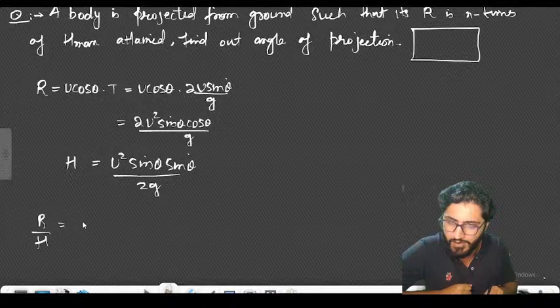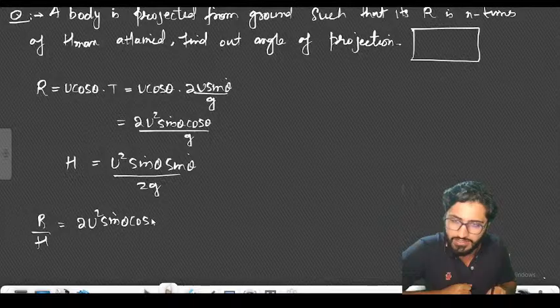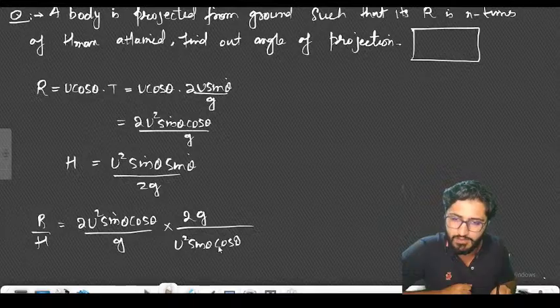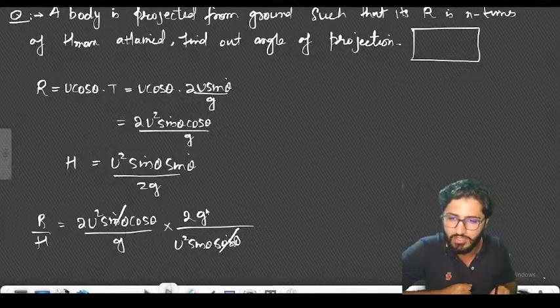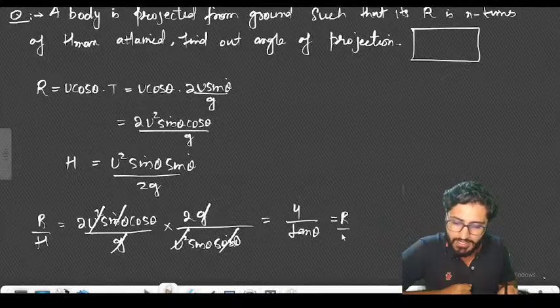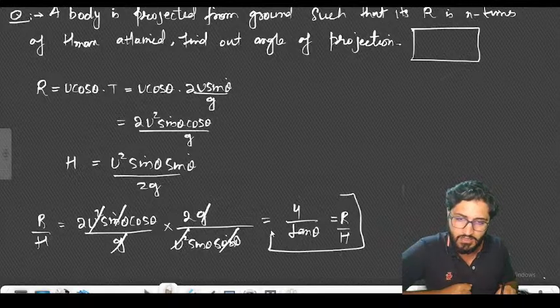R by h is 2u square sin theta cos theta divided by g, multiplied with 2g, whole divided by u square sin square theta. Look, sin theta cancels out, g cancels out, u square cancels out. So I have 2 times 2, which is 4, divided by tan theta, equals r by h. Done.